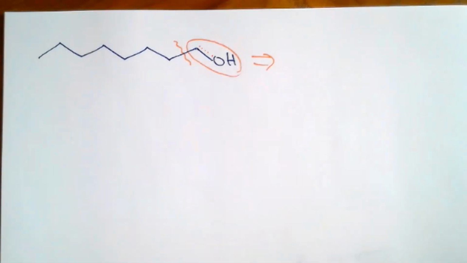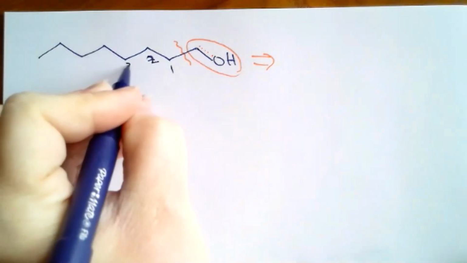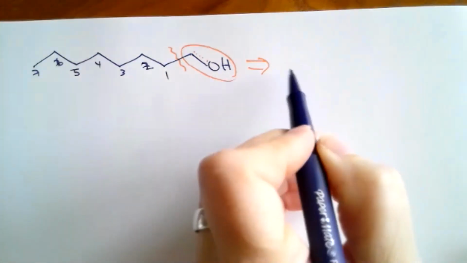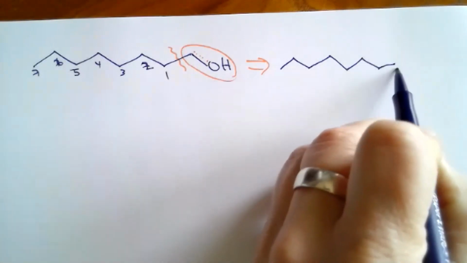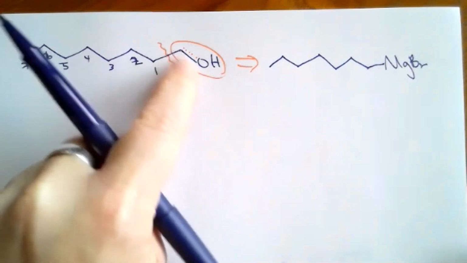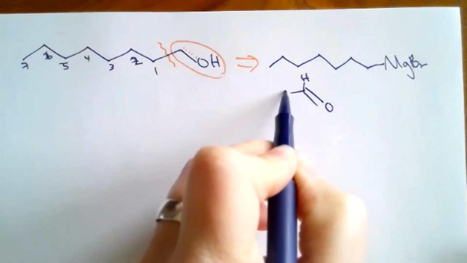So I could imagine this thing being synthesized from a 7 carbon Grignard. It's hard to say the word 7 and not write 7. A 7 carbon Grignard and a 1 carbon carbonyl. So formaldehyde, really.